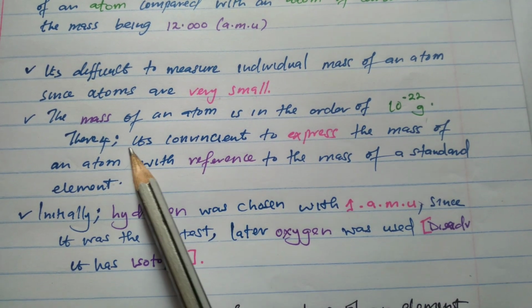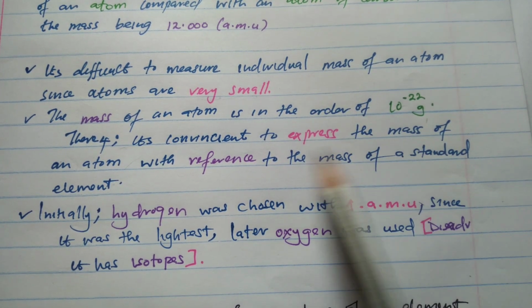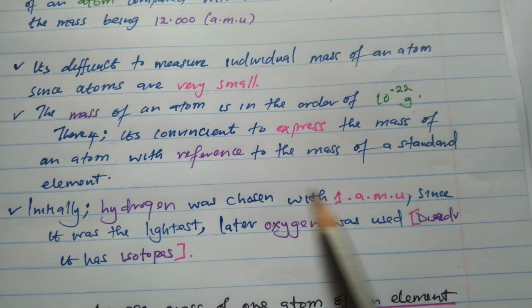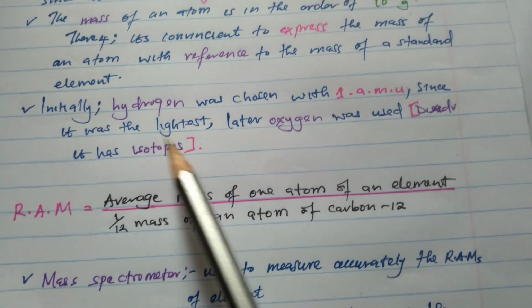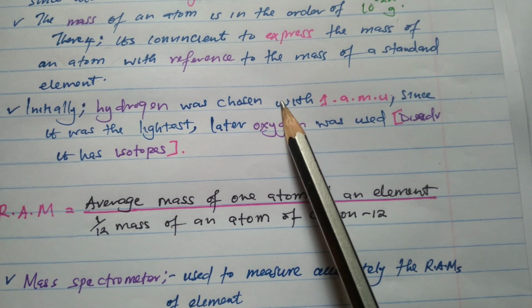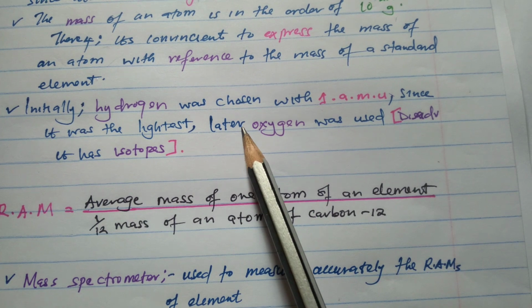And therefore, it's convenient to express the mass of an atom with reference to the mass of a standard element. So initially, hydrogen was chosen with 1 AMU since it was the lightest.